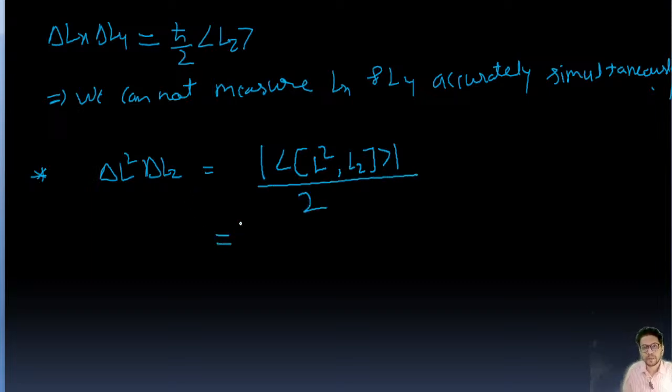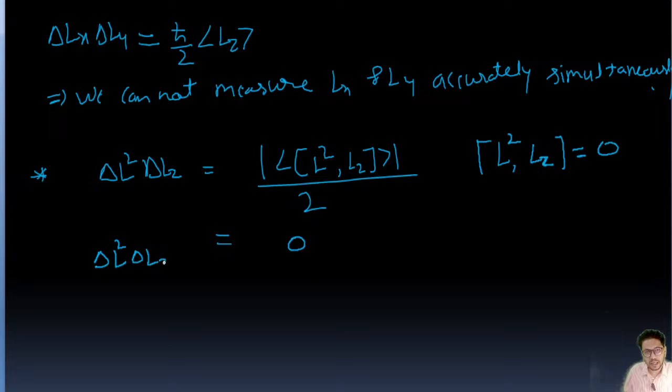Here the commutation of L square and Lz is 0, as I have already explained earlier. So the commutation of L square with Lz, Ly, or Lx is 0. So this value is going to be 0, so delta L square into delta Lz is 0.